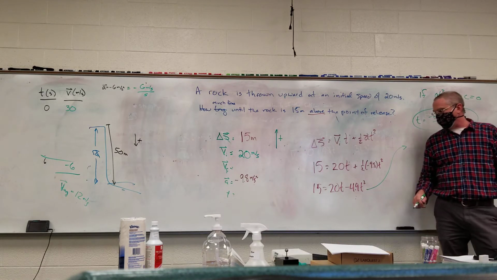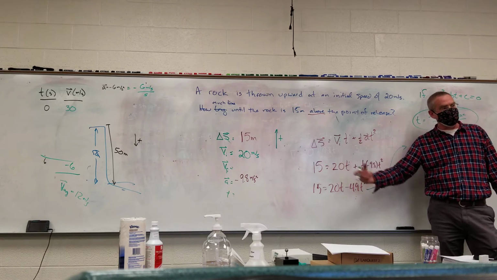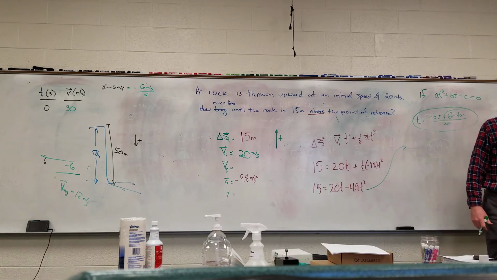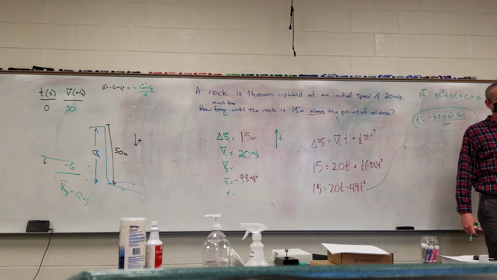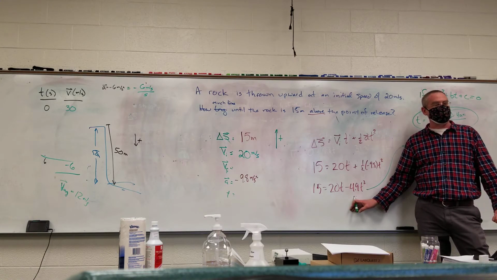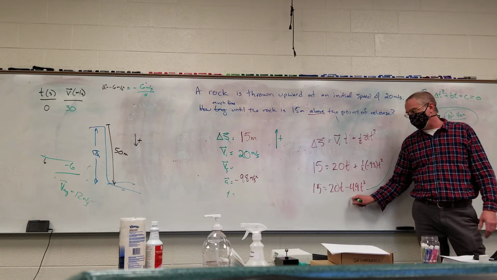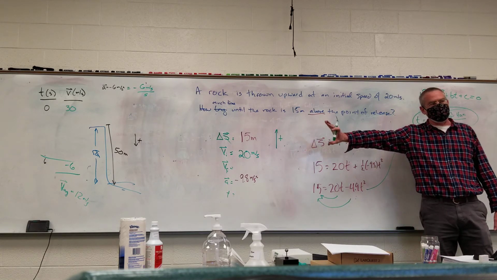The way we do that is I need to get everything over to the right-hand side or the left-hand side. It doesn't matter which way you go. Personally, this is just a personal preference based upon childhood scars, I like the coefficient of time squared to be a positive number. So I'm going to take everything over to the left-hand side.